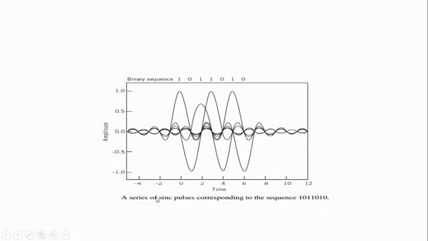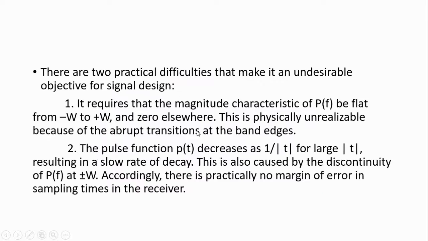This is the sinc pulse corresponding to the binary sequence. If the value is 1, then the sinc pulse value is plus 1. If the value is 0, the sinc pulse value is minus 1. And this effect is called intersymbol interference.